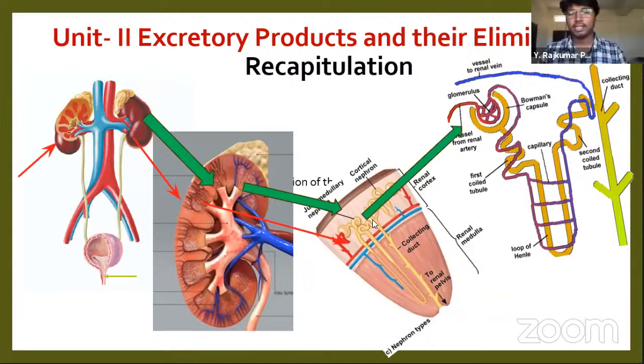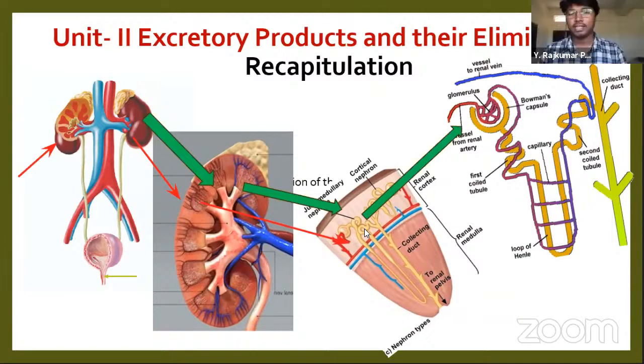In the last class, we studied the structure of the nephron. In the nephron, what structures do you find? You find the Malpighian corpuscle, which is the first important part.